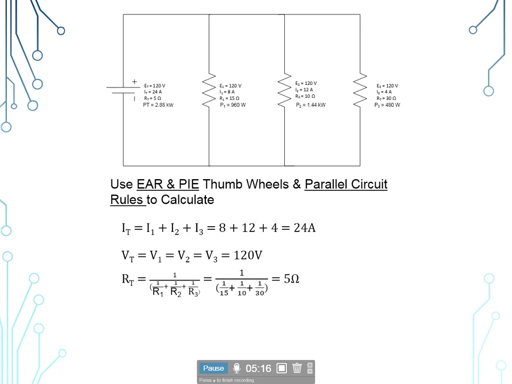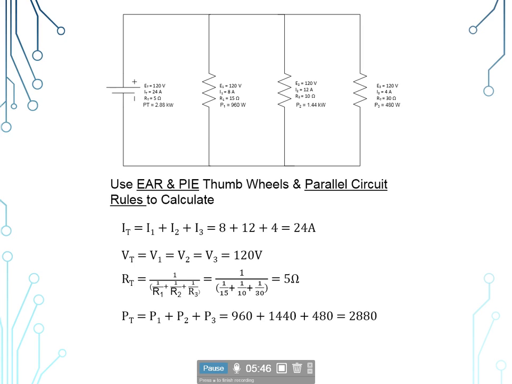So it's a reciprocal of the reciprocals, basically. In this case, we would do 1 divided by, open our parenthesis, 1 divided by R sub 1 of 15 ohms, plus 1 divided by R sub 2 of 10 ohms, plus 1 divided by R sub 3 of 30 ohms, close the parenthesis, and we come out with a total circuit resistance of 5 ohms in this example.